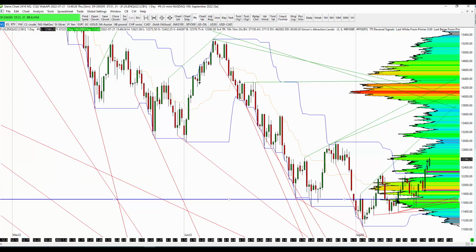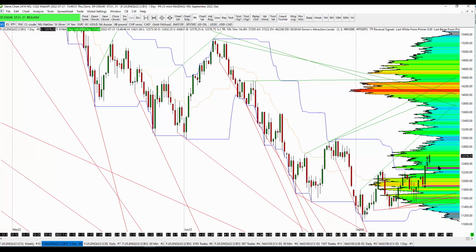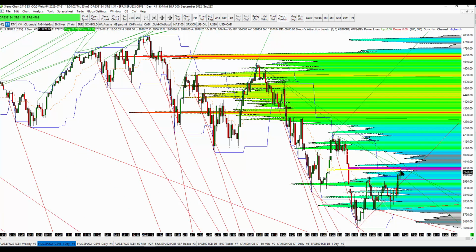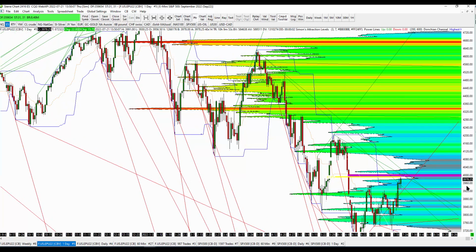See, one, two, and three. This one is the biggest, the thickest, and there's attraction coming back to this level. On the ES, I showed you the major attraction level is above. Once that is touched, or maybe missed, you might see it shifting lower. But the second biggest one is just below.